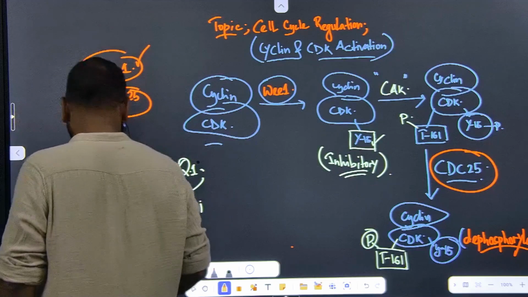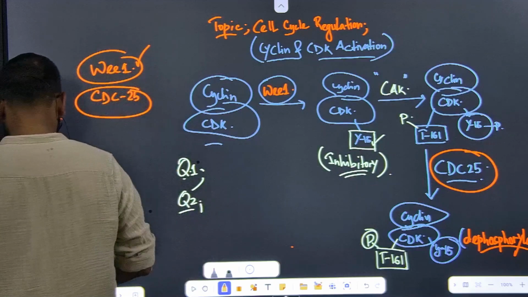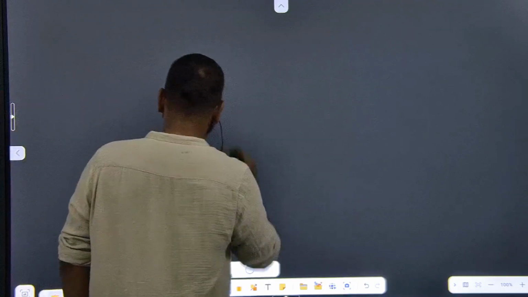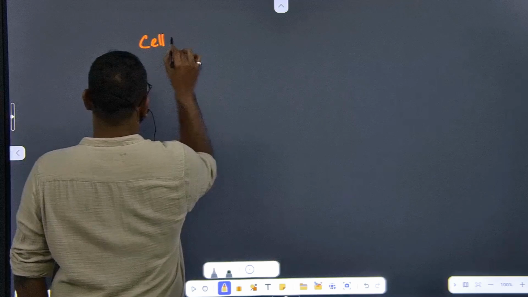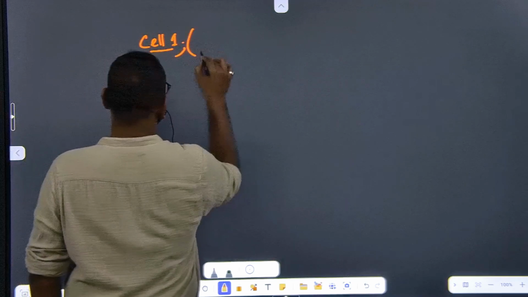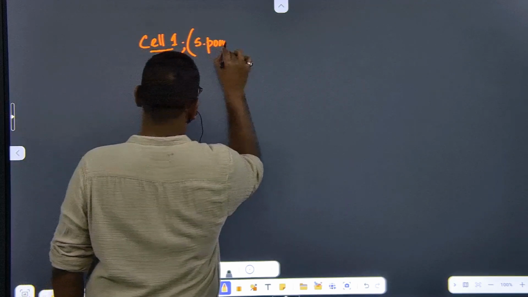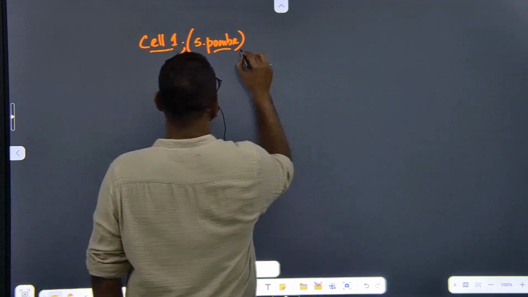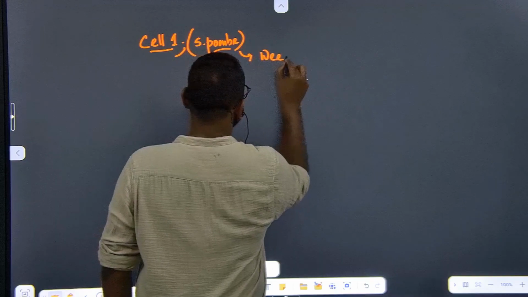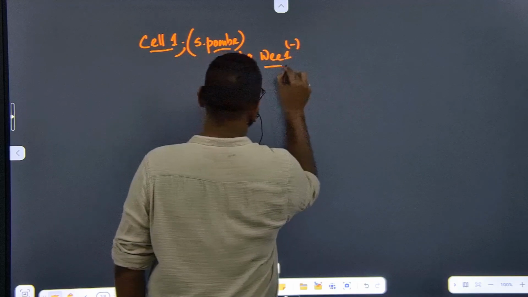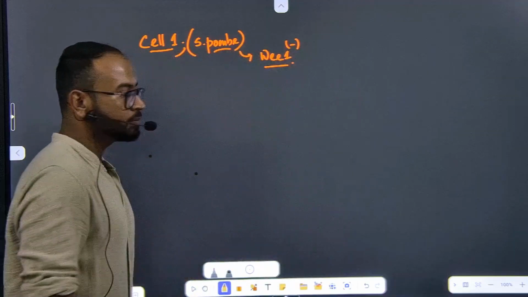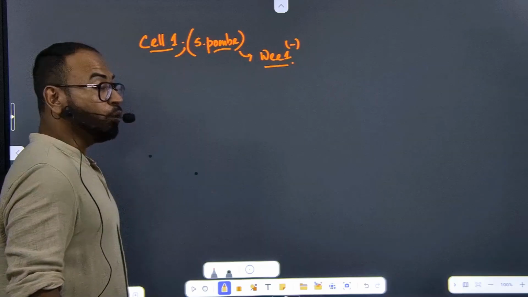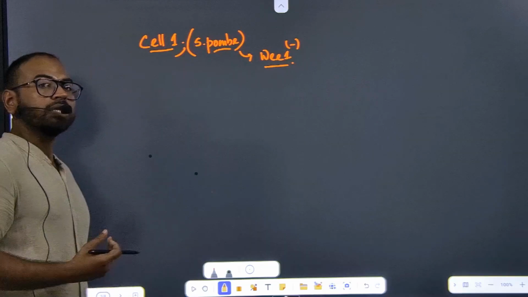So if a particular pombe cell shows a V1 mutant, then what can be the possible outcome for that cell?